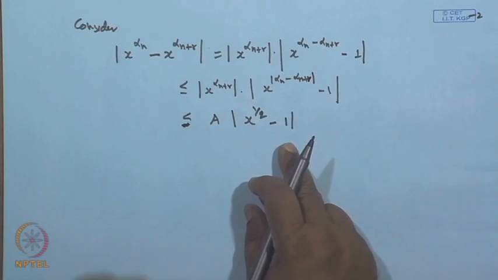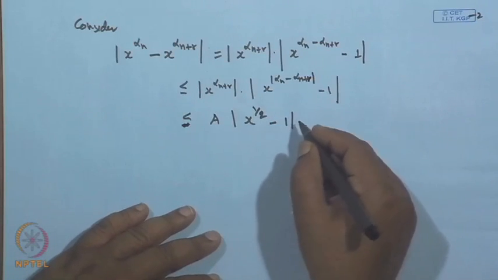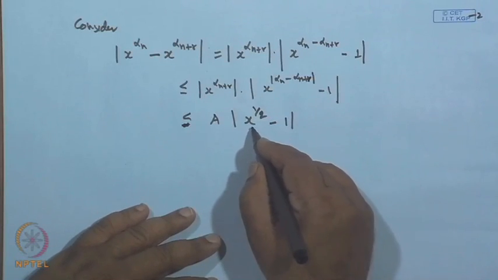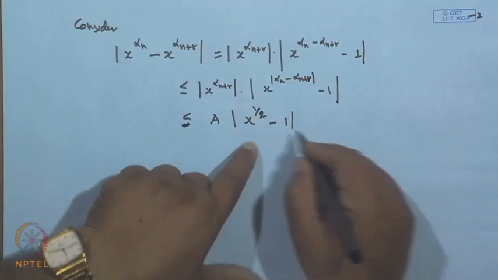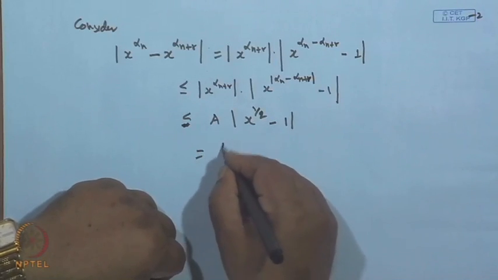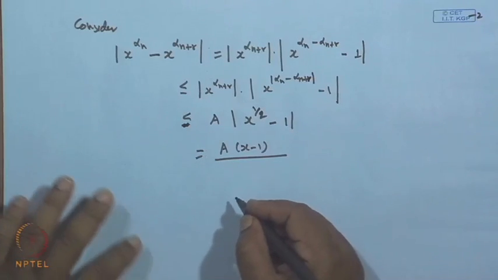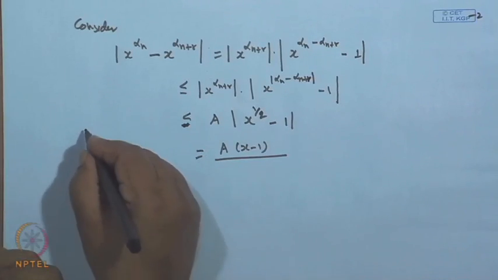Now, this can be written as, I will write like this, x to the power 1 by q into, if I put it this way, a times x minus 1 divided by.